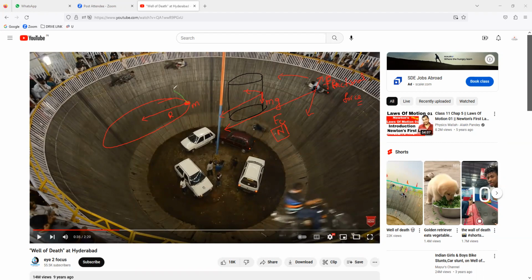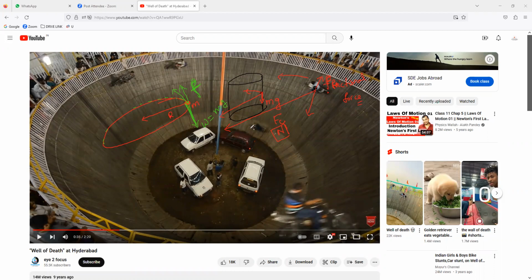Now, the velocity of the person is acting like this because he keeps on traveling like this. Of course, we all know that at this point one force is acting, the frictional force, small f. And some force is acting downwards, always: weight. Weight is equal to mg.